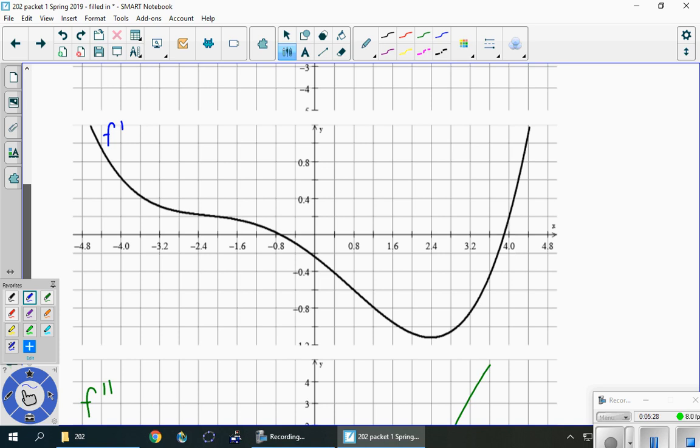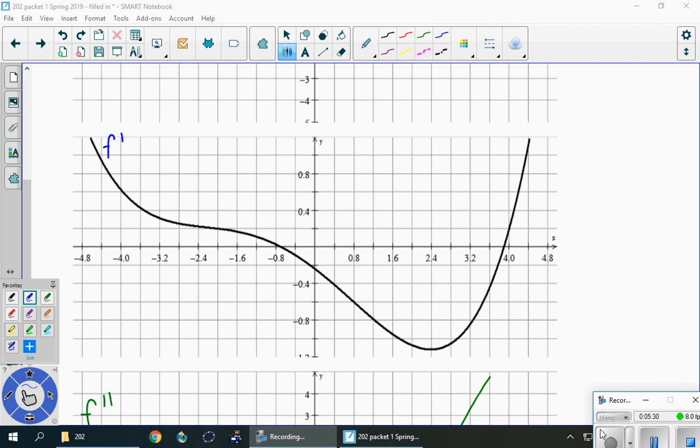So let's first look at where F prime is positive versus negative. It looks like F prime changes between positive and negative at roughly those points. So that means any place to the left here, since F prime is positive, F must be increasing.